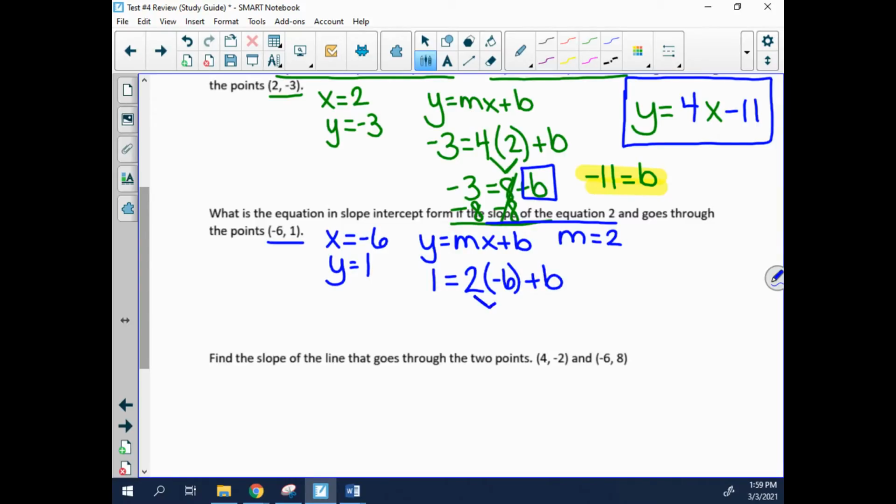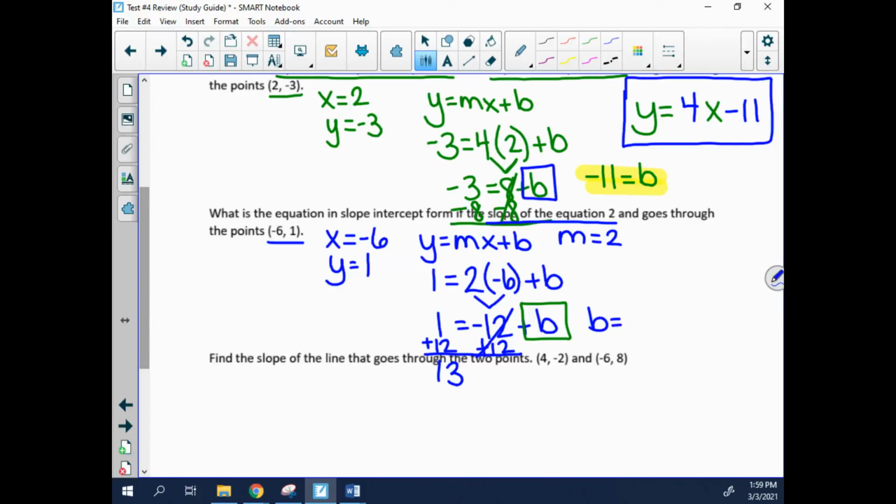First step in solving, I'm going to multiply these two numbers together. So 2 times -6 is -12 plus b. I want to get b by itself. So I'm going to do the opposite of whatever is next to the b. So the -12 is next to it. The opposite of -12 is +12. So I'm going to add 12 to both sides and get 13.